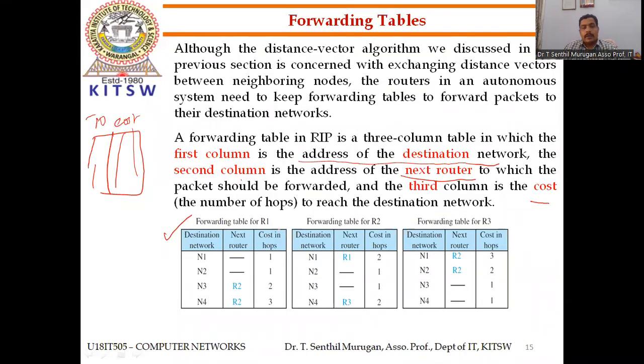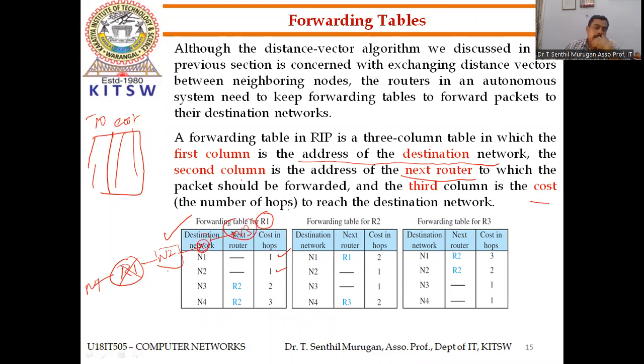So see here N1. This is the routing table of R1. How is it there? The R1 router is connected with the N2 network, to network 1. So there is no next router. Only one router, a direct connection is there. That's why we are saying the cost of the hop is 1. But for N3, one more router is there, then N3 is there.